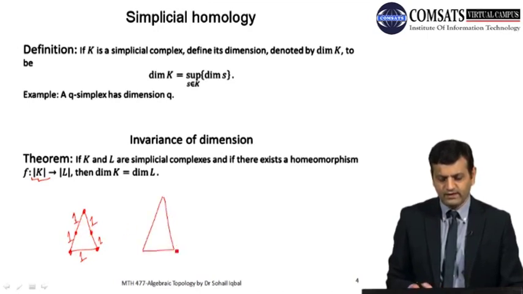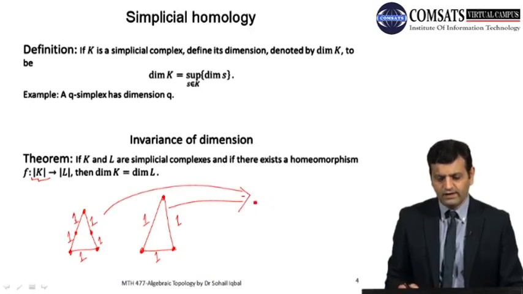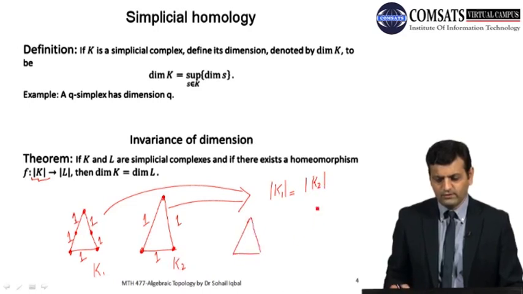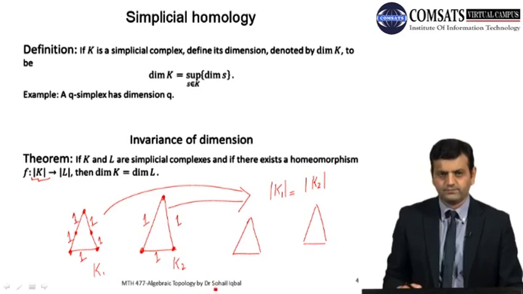Similarly, consider another triangle with these 3 vertices. Now we have 3 1-simplices. But both of them have the same underlying space. If this is K2 and this is K1, then the underlying space of K1 is equal to the underlying space of K2, and both of them are triangles.